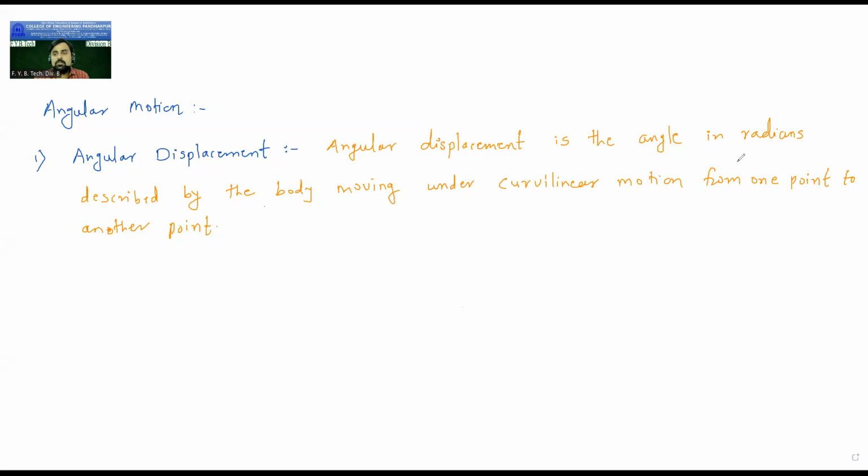So this is the angular displacement, which is measured in radians. The notation used here is theta.